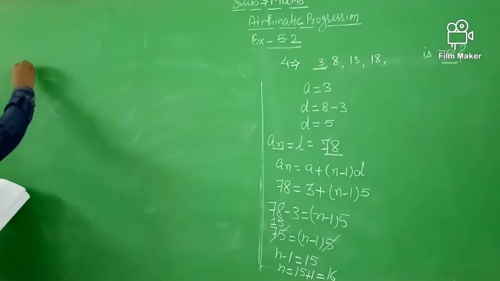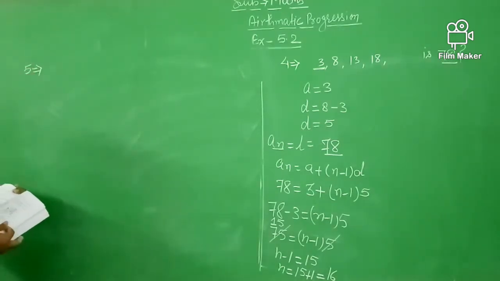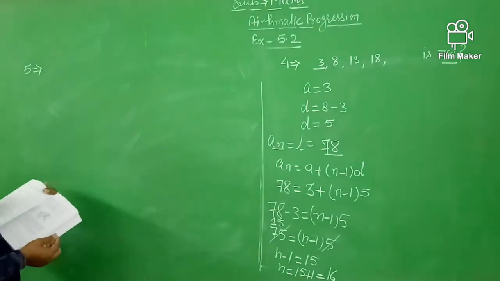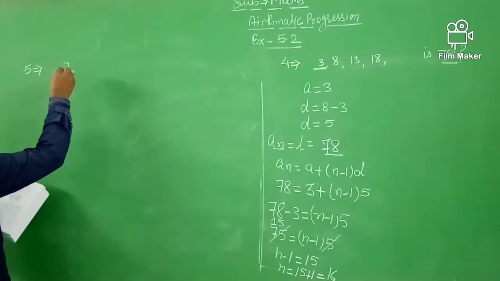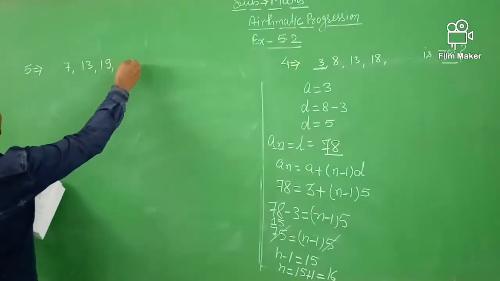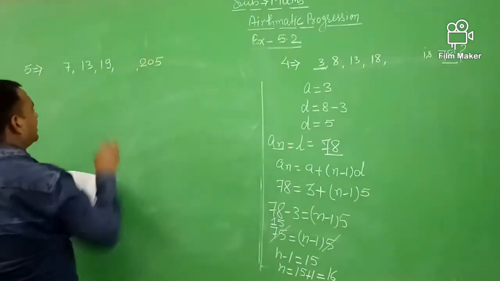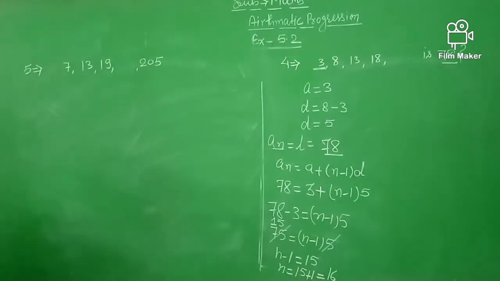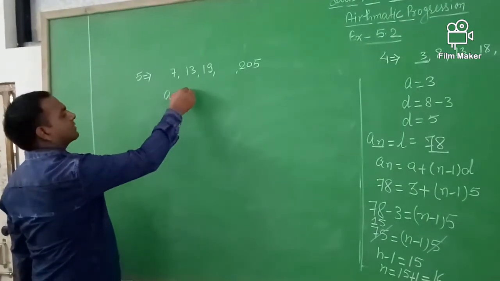Question number 5: find the number of terms in each of the following APs. Suppose the first term is 7, the second term is 13, the third term is 19, and so on up to 205. The last term is 205. Then how can you find how many terms are in that AP? Here also the first term a is given, a is equal to 7.